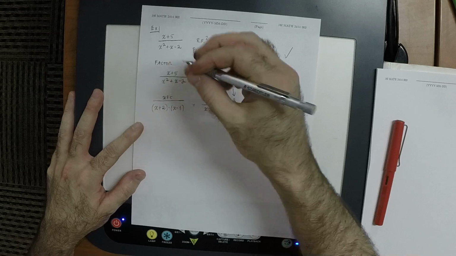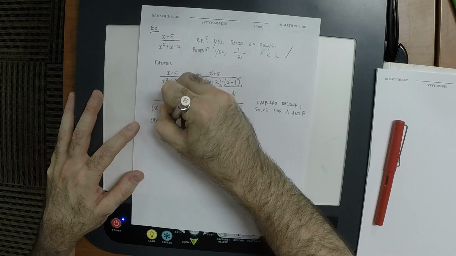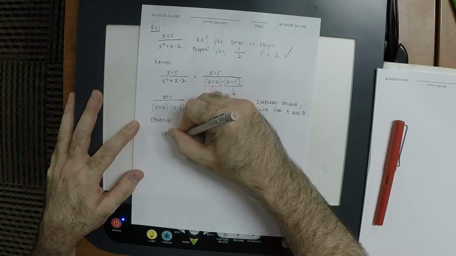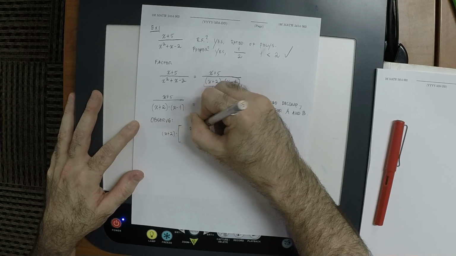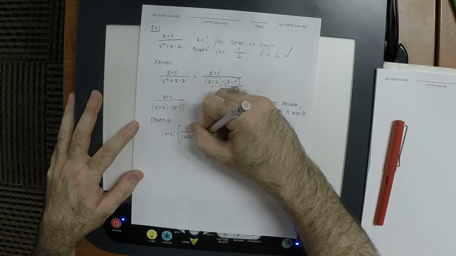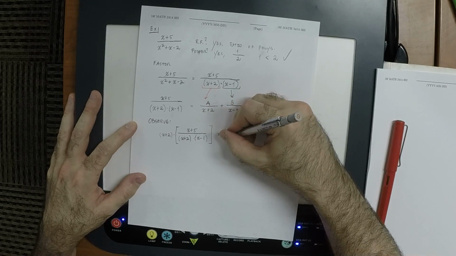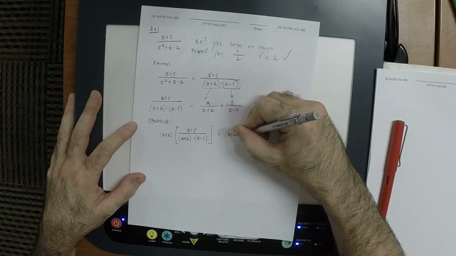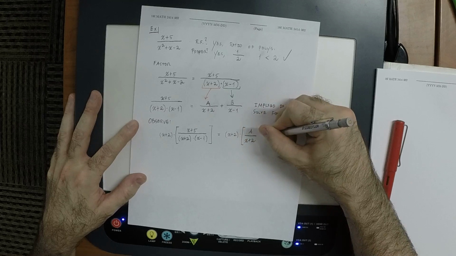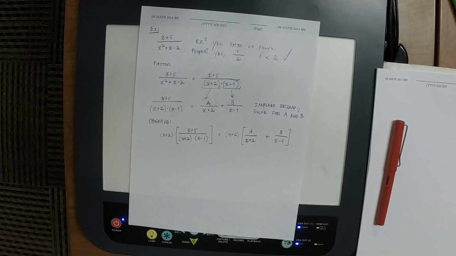So observe that if I do this, x plus 2 multiplied by x plus 5 over x plus 2, x minus 1, equal to x plus 2 multiplied by a over x plus 2 plus b over x minus 1, what would be the virtue in doing that?